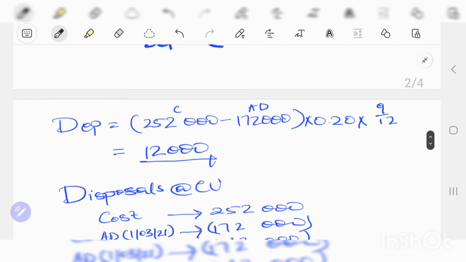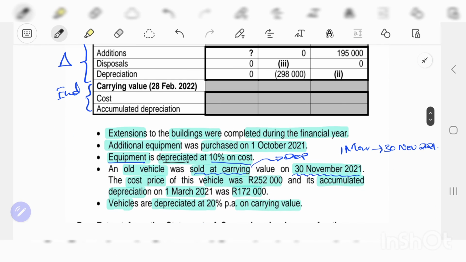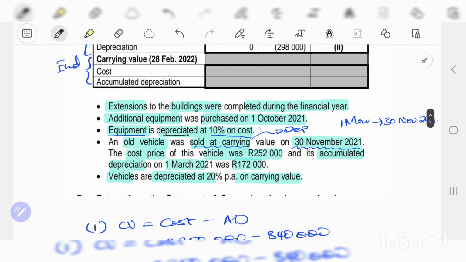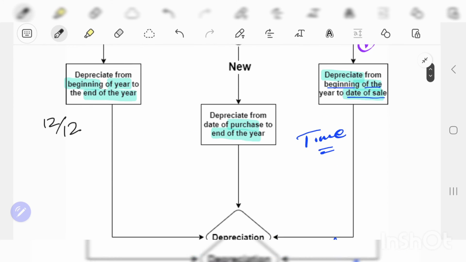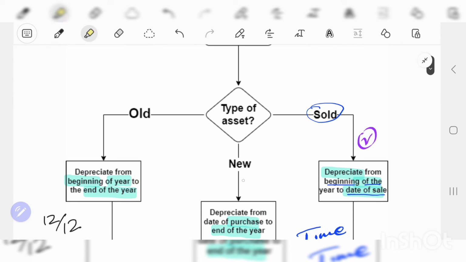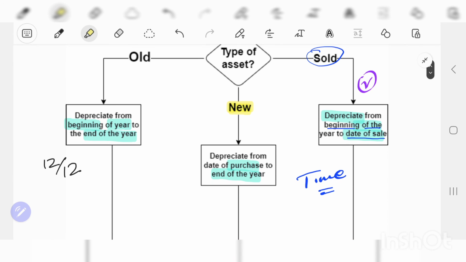How do you know that you bought the new machine? We are told in the adjustments that additional equipment was purchased, and they told you the date. So remember, when you purchase a new asset, you are going to depreciate the asset from the day it came into our premises up until the last day of the financial year. So go back to the diagram. We are working with a new asset. So when you are working with a new asset, you depreciate from the date of purchase to the end of the financial year.